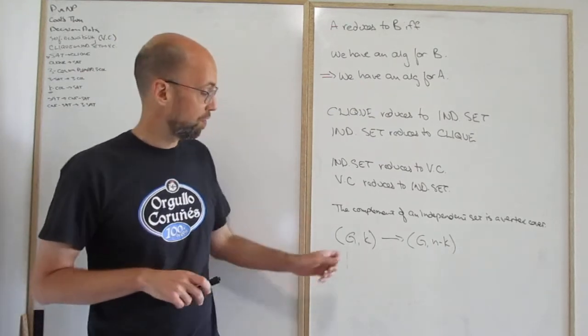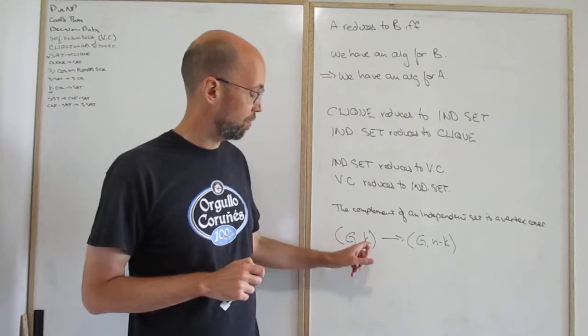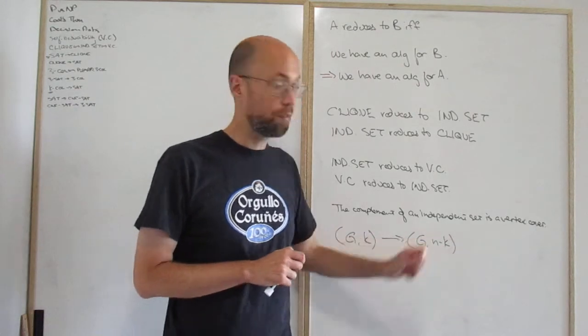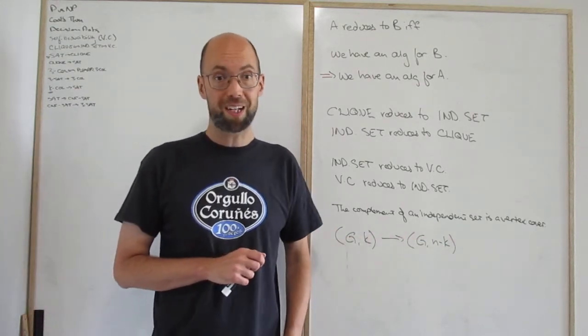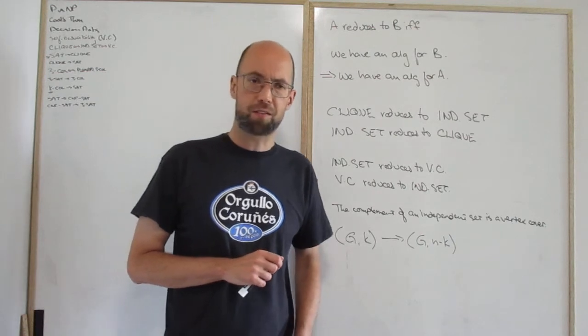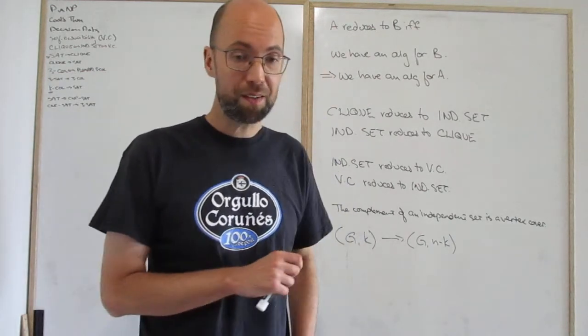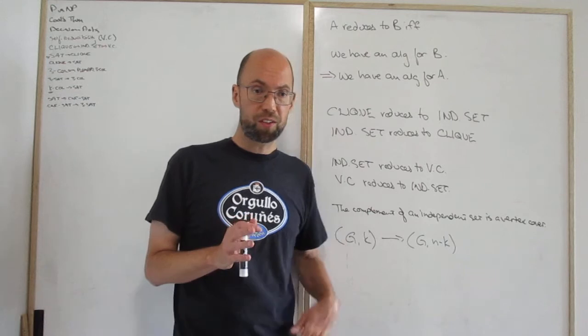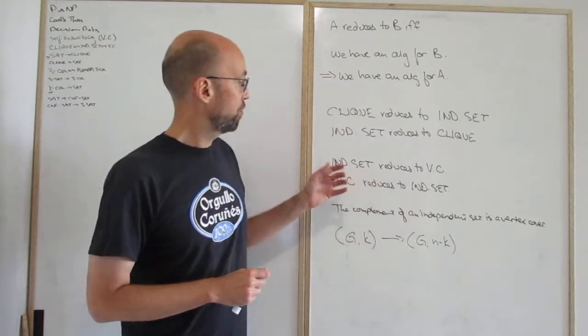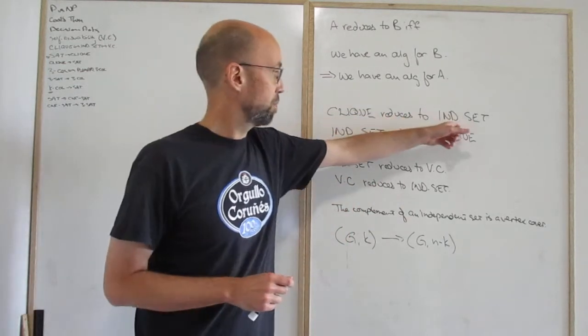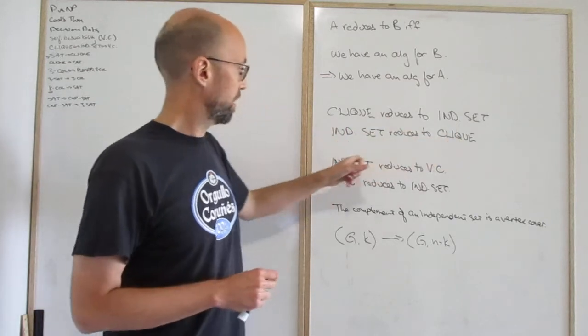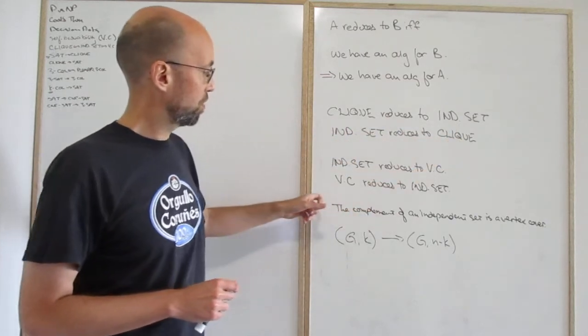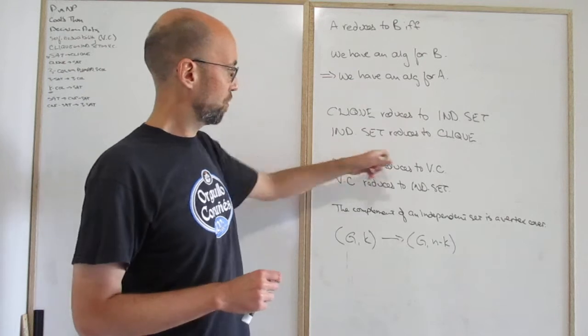Because there is an independent set of size K if and only if there's a vertex cover of size n minus K. I think I'm getting this right. Okay, questions? So since clique reduces to independent set reduces to clique, and independent set reduces to vertex cover, clique also reduces to vertex cover.